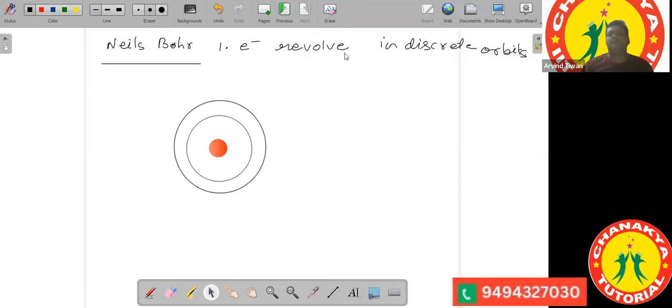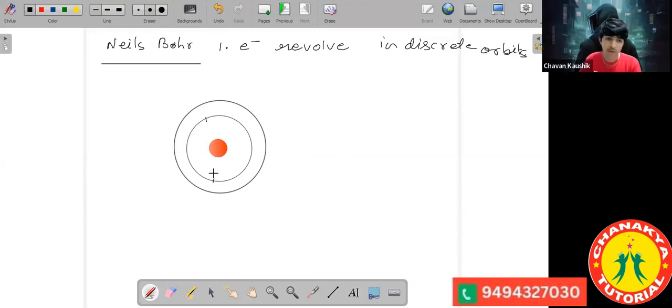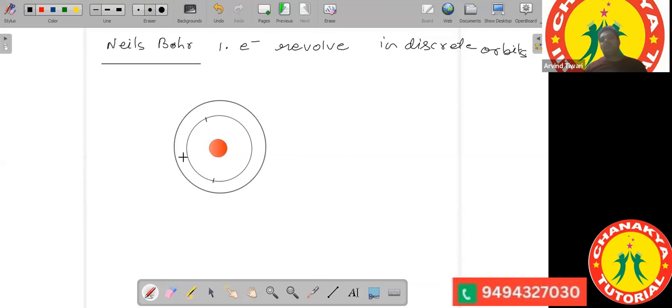As per Niels Bohr, you will be able to find an electron only in the orbit. You cannot find any electron out of the orbit. This electron cannot move out of the orbit at any time. Through experiments, he calculated and formulated what should be the maximum capacity of each orbit.